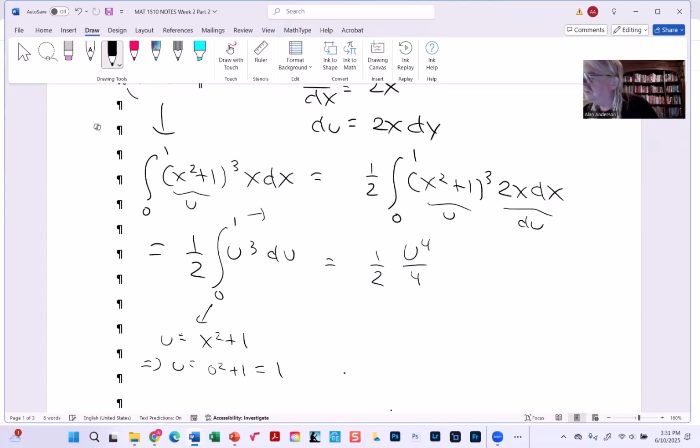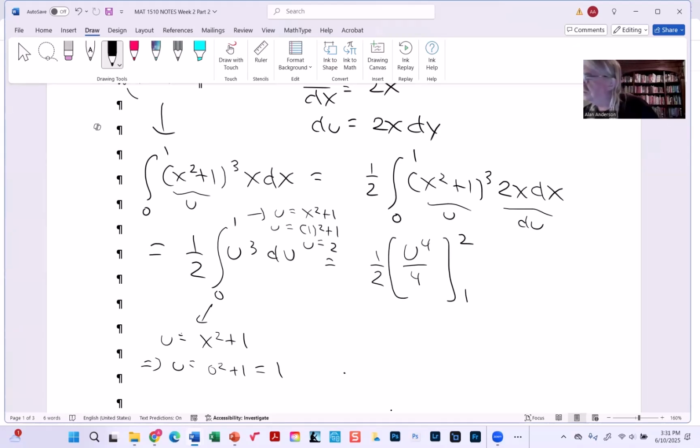And for the upper limit, we replace that x with 1, and we end up with an upper limit of integration of 2. Okay, so in other words, we should be integrating this over the interval not from 0 to 1, but from 1 to 2.